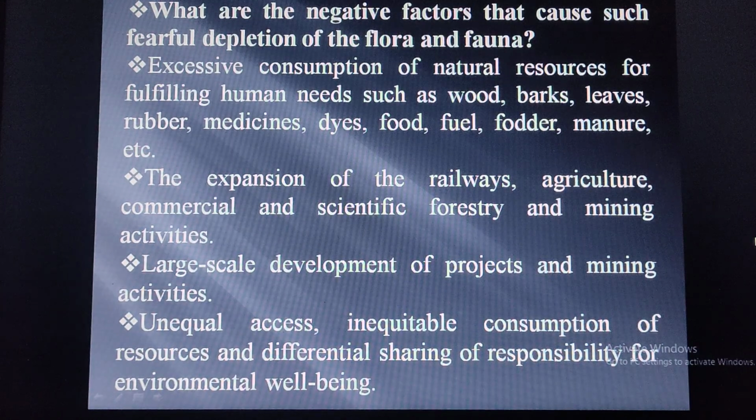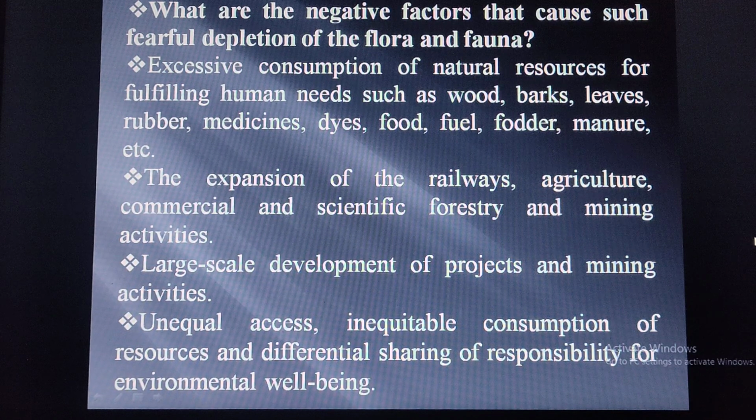So what we have understood is what the negative factors are that cause such fearful depletion of flora and fauna. As we have seen, there is excessive consumption of natural resources for fulfilling human needs such as wood, bark, leaf, rubber, medicine, dyes, food, fuel, fodder, manure, etc. We are cutting down the trees just to fulfill these human needs.